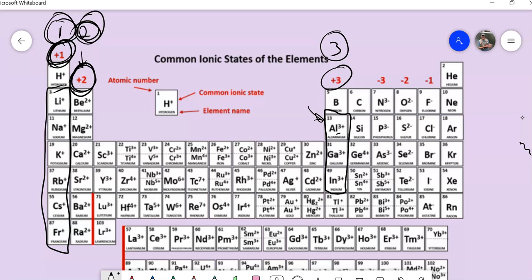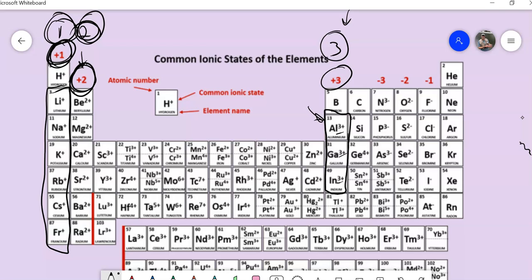And so aluminum, gallium, and indium are going to all lose 3 valence electrons and form a +3 charge. So we can see that trend. Metals in group 1, group 2, and this group here, they typically have a set charge that forms. And that's predictable and it's consistent. Those elements always form those charges, and it's very unlikely that we're going to find them in nature with a different charge than what we've indicated here.